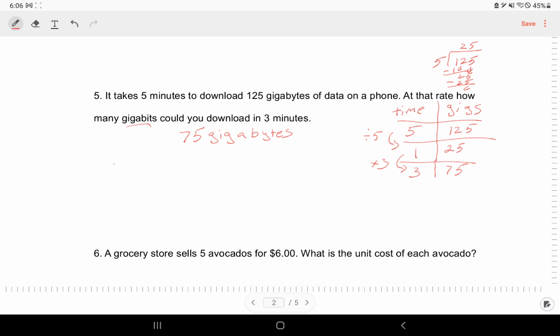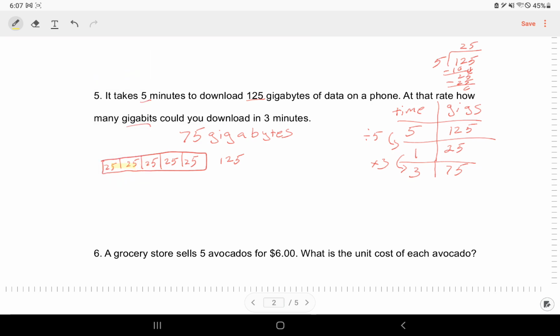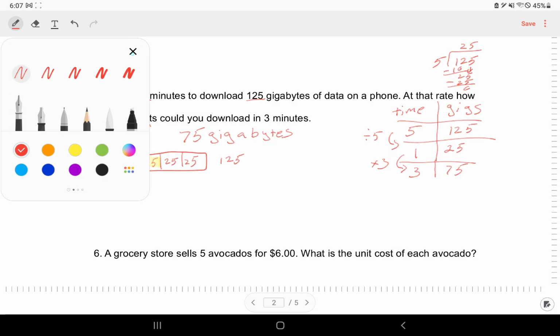If you do a tape diagram, the whole thing equals 125. Well, divide it into 5 sections. Well, we just said 5 sections would be 25 each. Two, three, four, 5. And so 3 sections is what we're looking for.